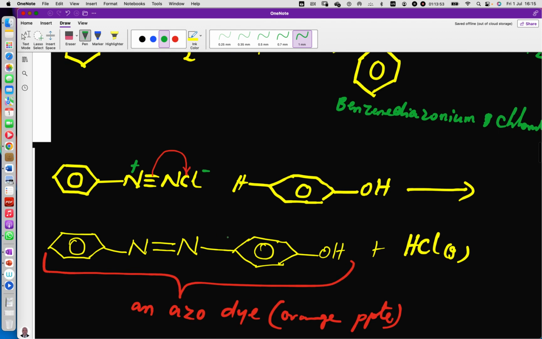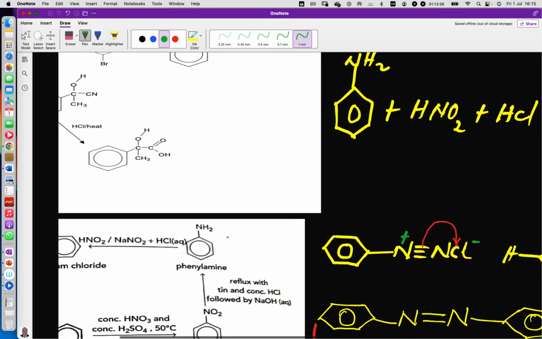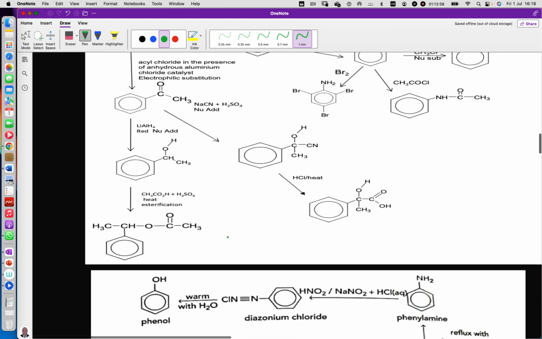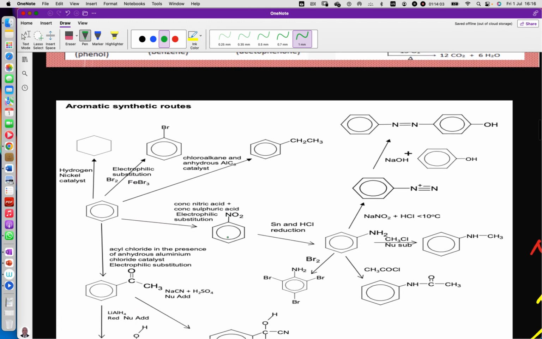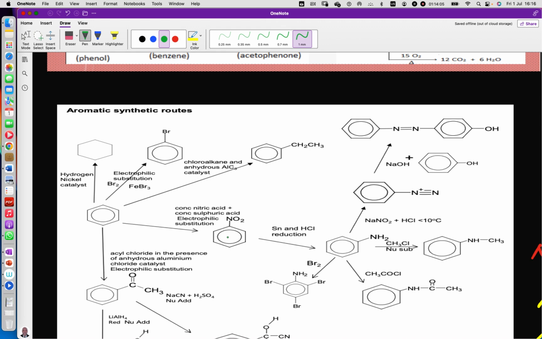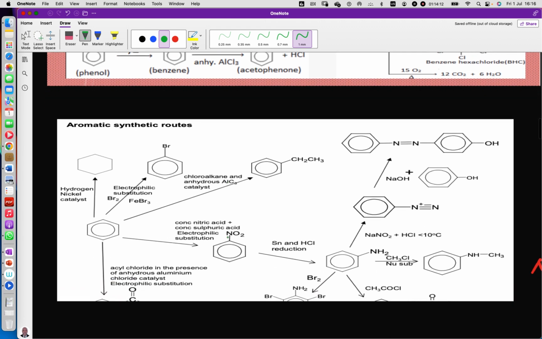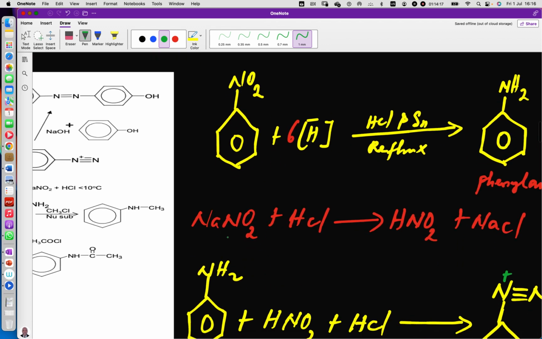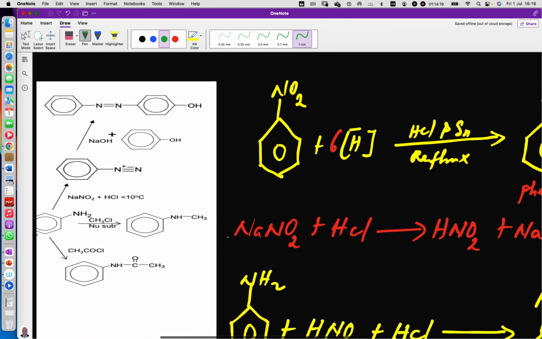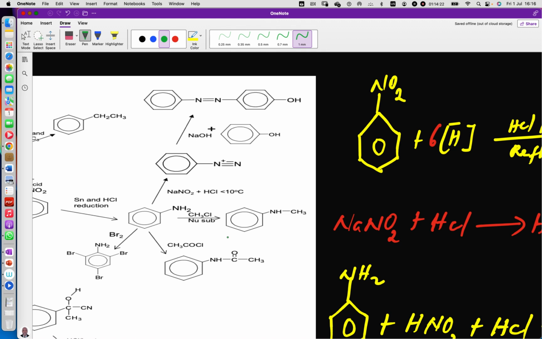Now, another reaction in this synthetic pathway which we have not revisited is nitration. Nitration can be achieved by reacting concentrated sulfuric acid and nitric acid.